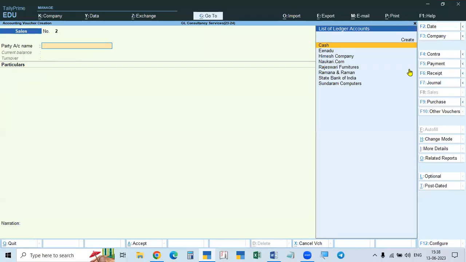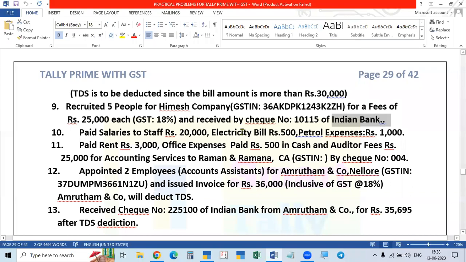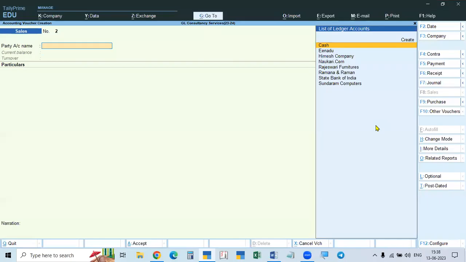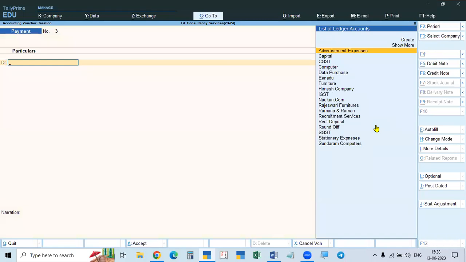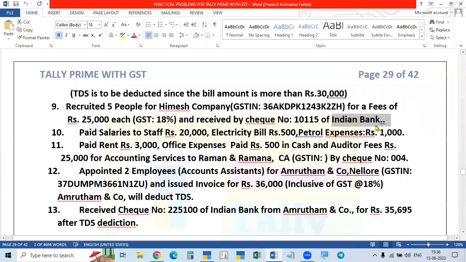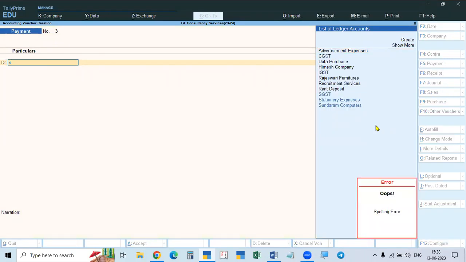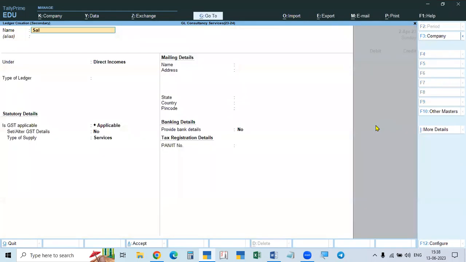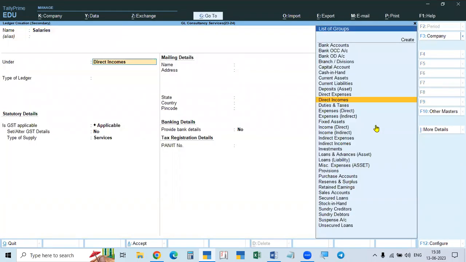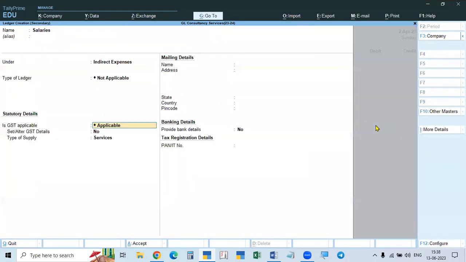Okay, next one. Paid salaries, electricity charges, expenses. These are payments, ordinary expenses. So for payment, we can write all in one compound entry. First of all, salaries. Salaries is an indirect expense for us, and there will be no GST, not applicable.